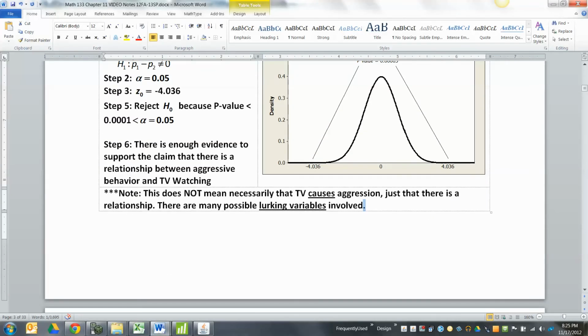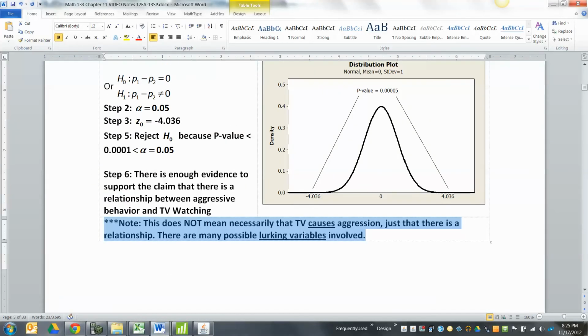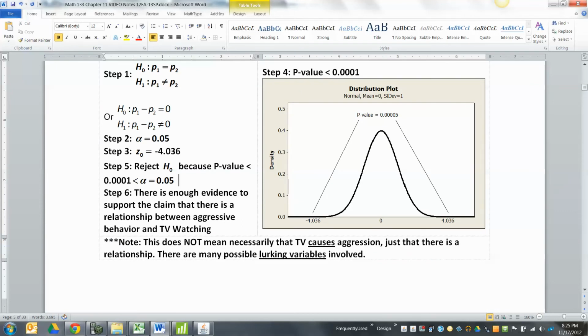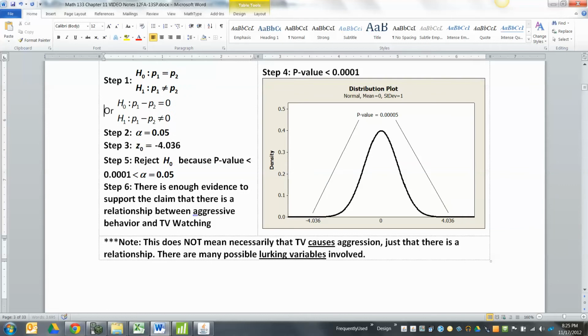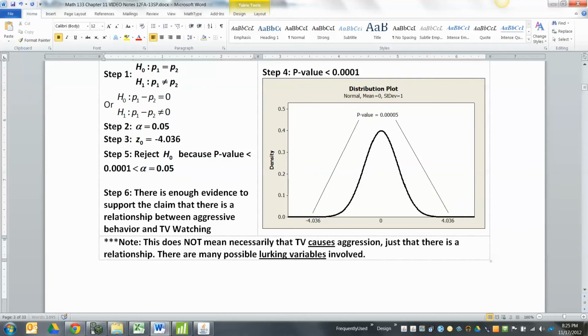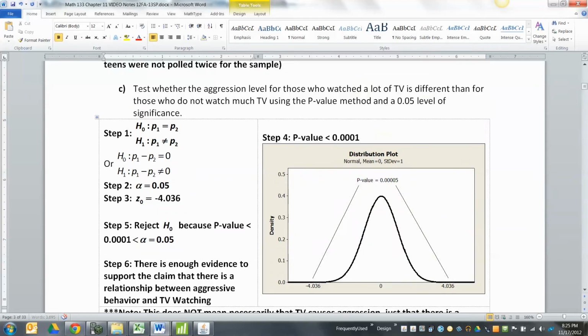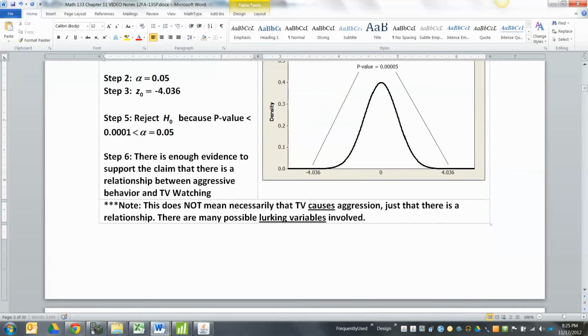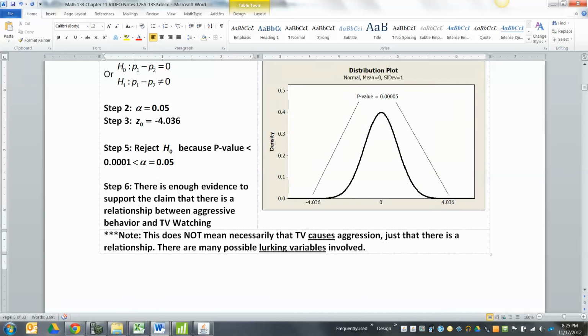And then just real quick at the end, I was talking about how, please keep in mind that even though we rejected the null hypothesis, which shows that there was evidence that there's a relationship between aggression and TV watching, that does not mean, much to the politicians' dismay and parents, that one causes the other. There could be a lot of things going on here.